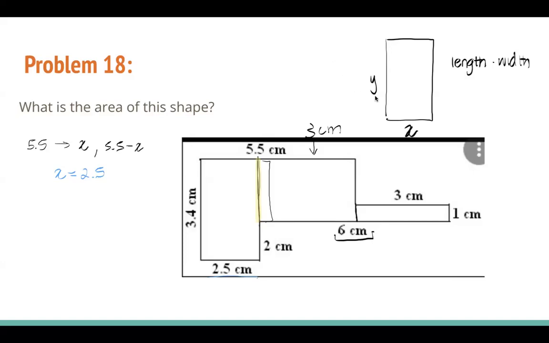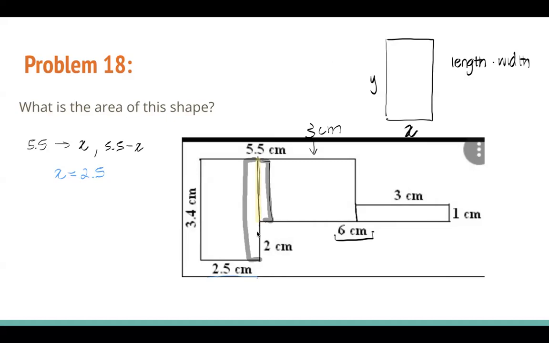I guess it would be 3.4 centimeters. Okay, that's a good guess. But we should take into consideration that this entire side will be 3.4 centimeters, and I only want to find this little part. So if the whole side is 3.4 centimeters, what should we do to get this yellow part and not include the 2 centimeter part?